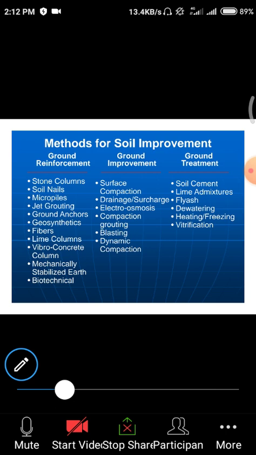To stabilize those kinds of structures, we generally build stone columns as a foundation for them.